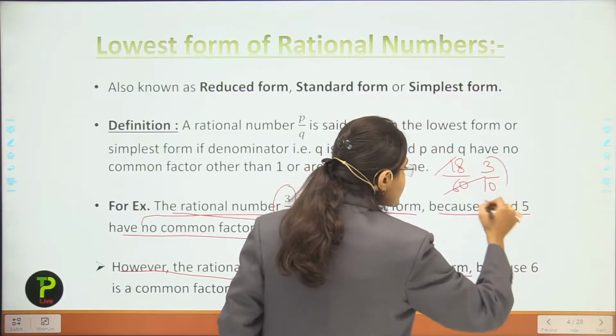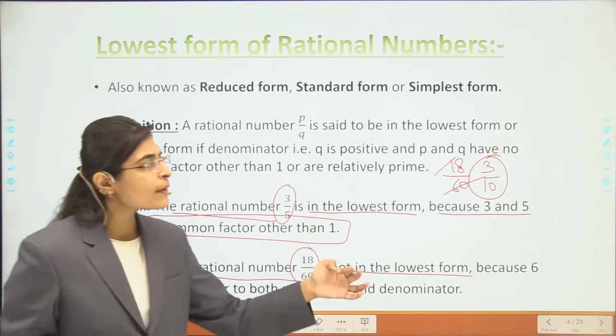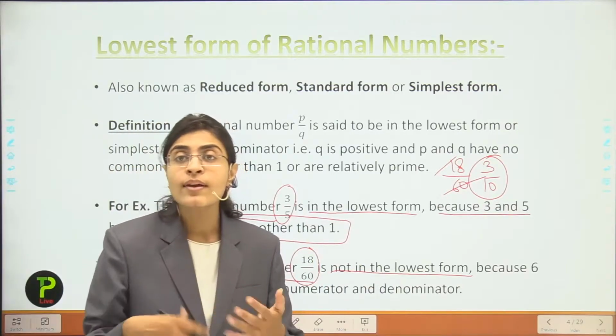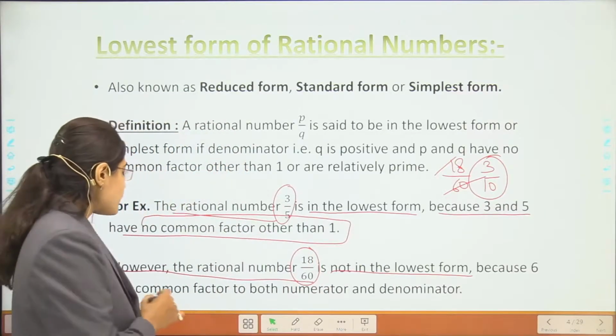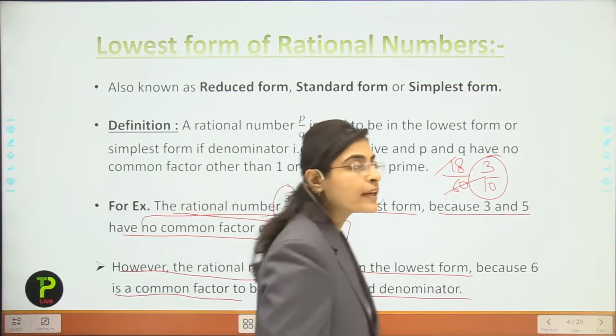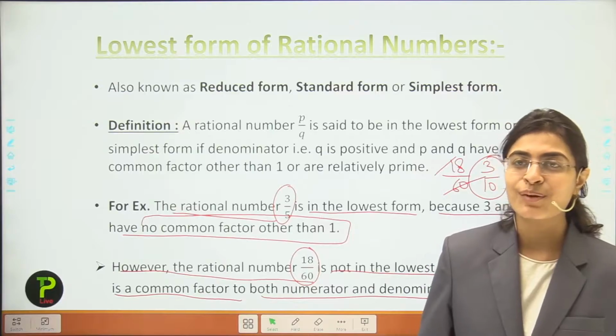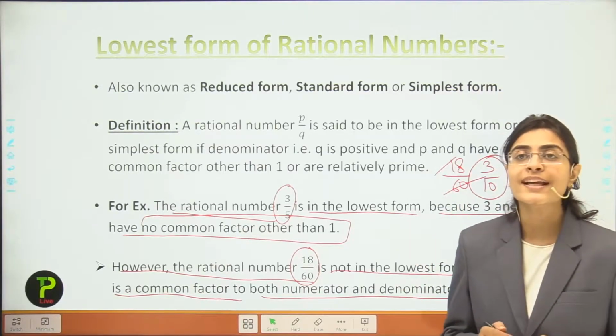So 3 by 10 is the lowest form of 18 by 60 because 3 by 10 can't be further cut. Because 6 is a common factor to both numerator and denominator, they are not in the lowest form. I hope these two examples are clear to you.